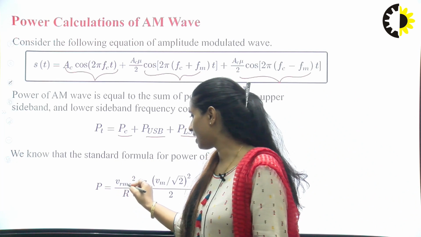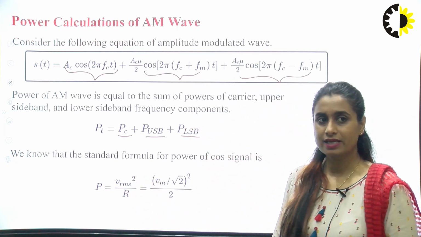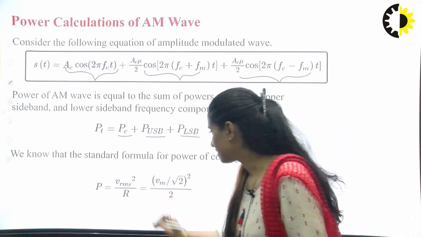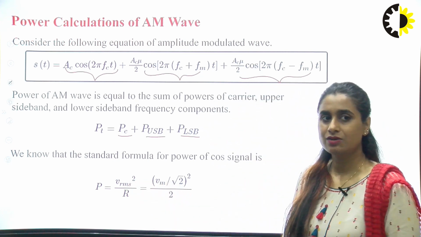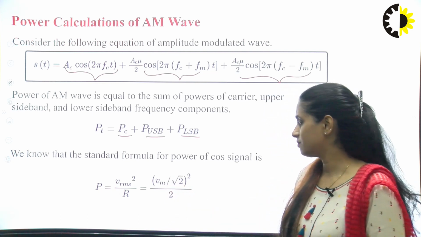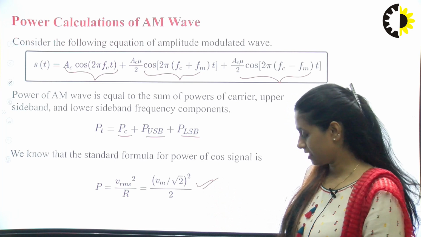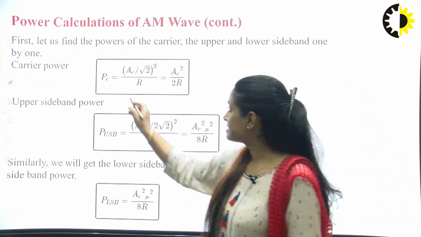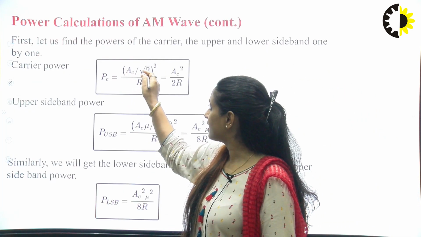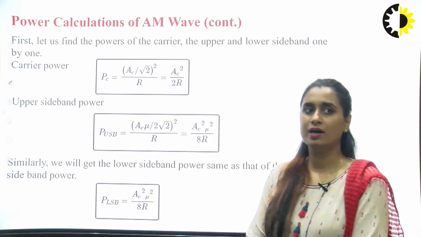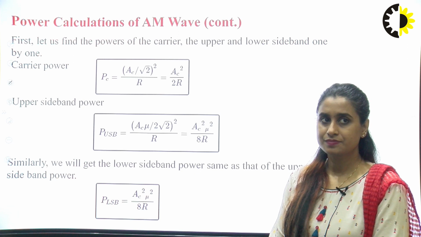Power is V RMS square by R. This is the RMS value. If I talk about the maximum value, then this can be rewritten, so Pc can be rewritten as Ac by root 2 whole square by R, which is Ac square by 2R, right?